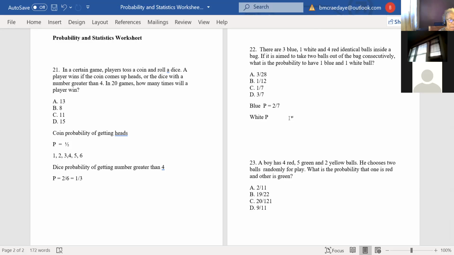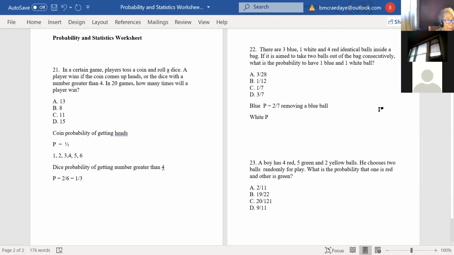If you took a white out, there's three, four, eight balls, right? So if you take out a blue, that's removing a blue ball.